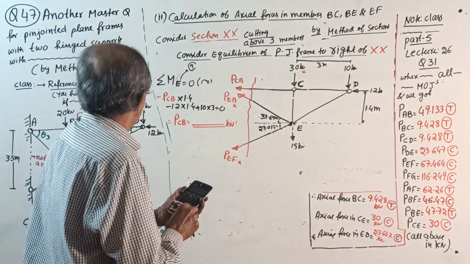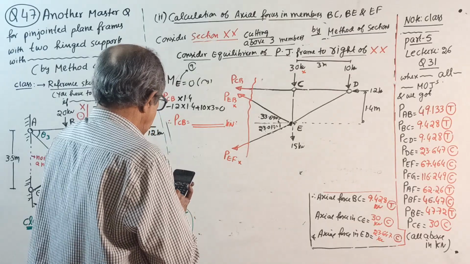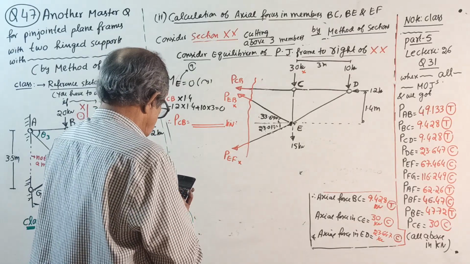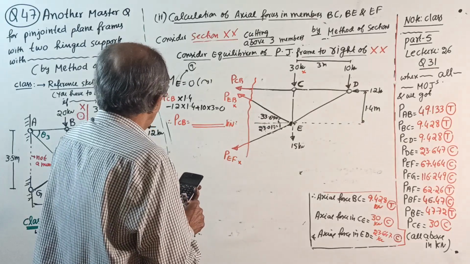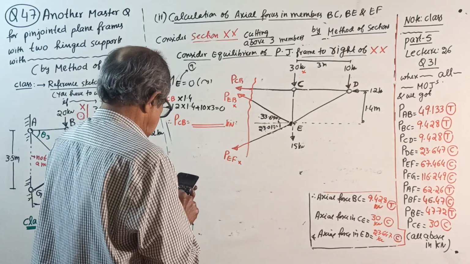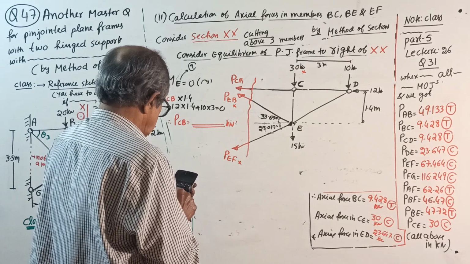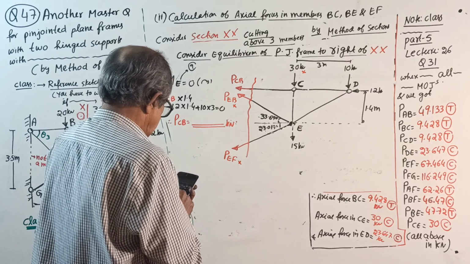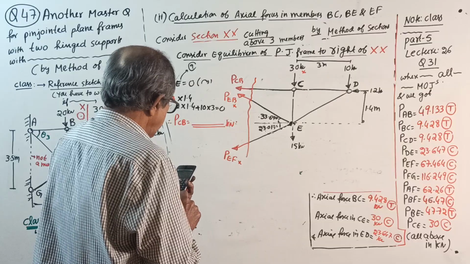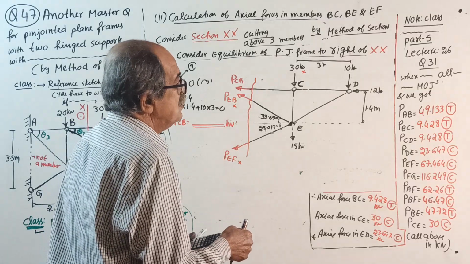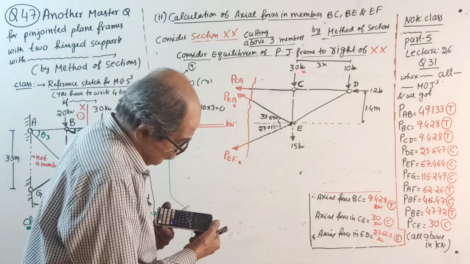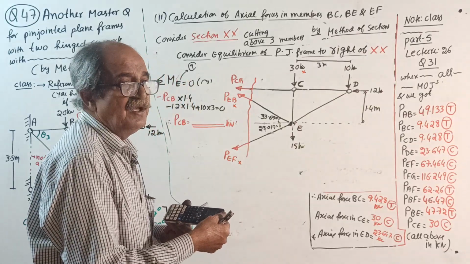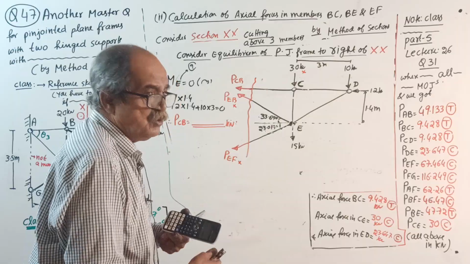P CB will come: 12 into 1.4 into minus 1, plus 10 into 3, divided by 1.4. 9.4285, 9.4286 came. So therefore 9.429.